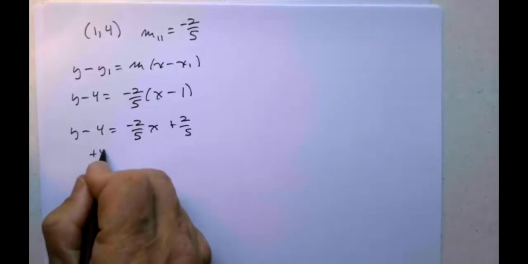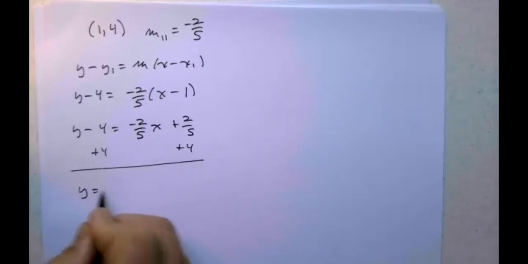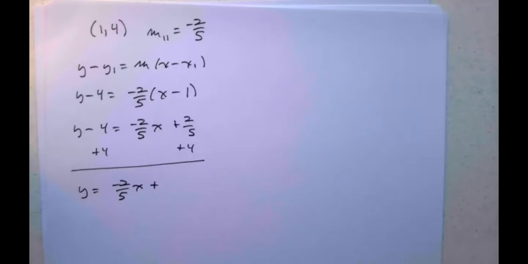Let's add 4 to both sides. y equals negative 2/5 x plus 4 and 2/5. That's 4.4, remember we tried 4.5, right? As a fraction that is 22/5.